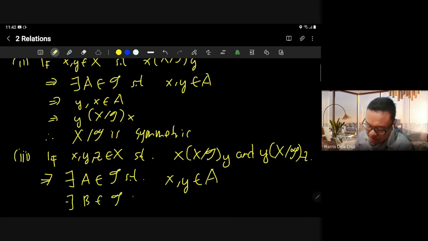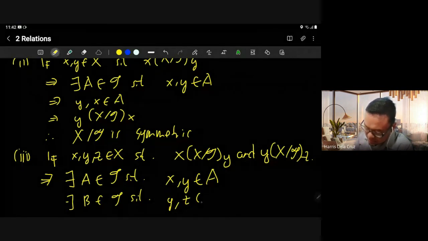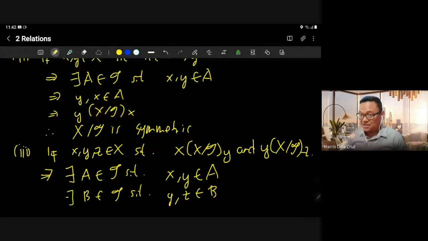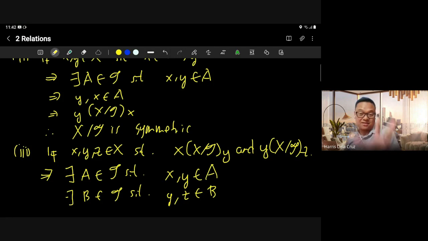So, B is in the partition such that this time YZ is in the set B. Again, hindi automatic na same set yung pinag-uusapan natin. Basta ang sinasabi lang, there exists. Pag sinabi mong there exists, for some. So, hindi naman sinabing unique.